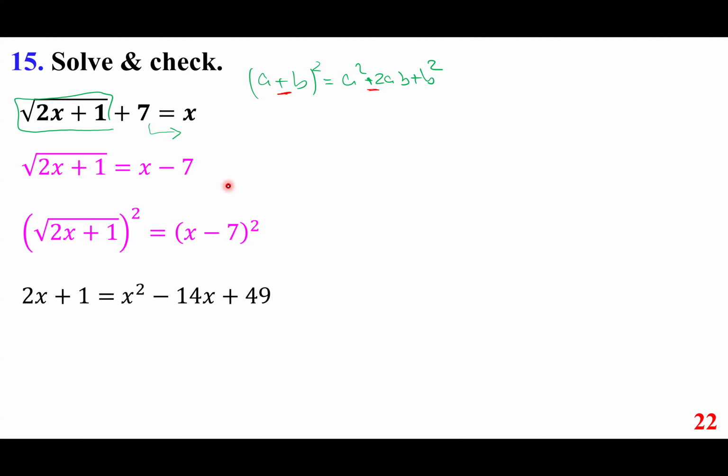Now, to solve this, we put it in standard form, meaning we bring everything to the same side. So we are going to move the 2x to the right and 1 to the right. So it becomes minus 2x minus 1. These two combine, and we get x squared minus 16x plus 48.